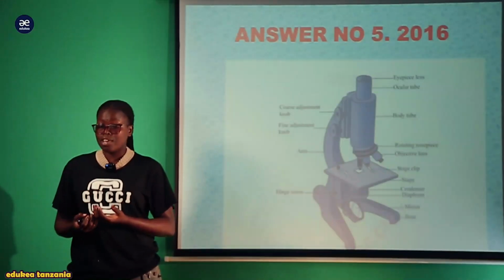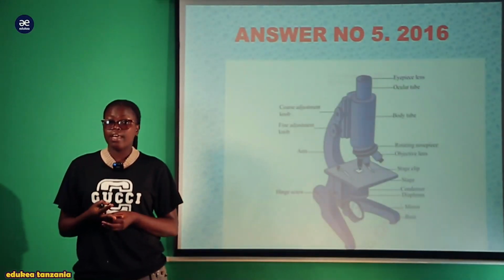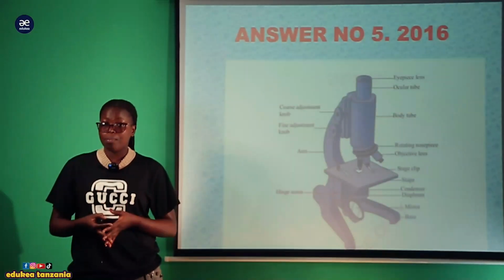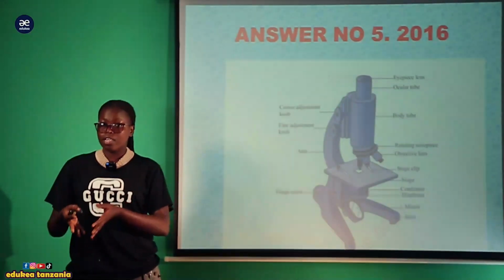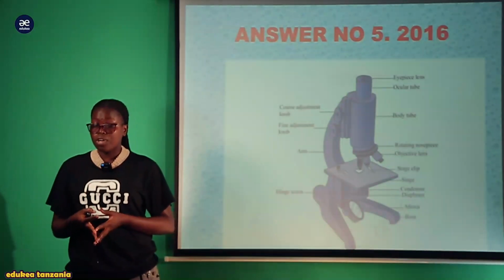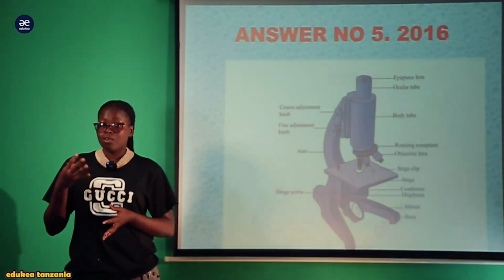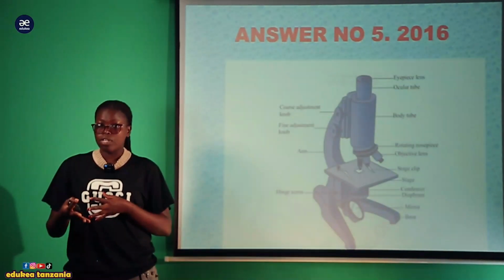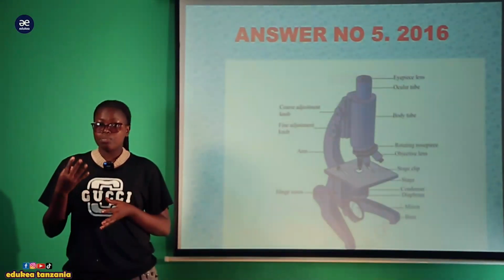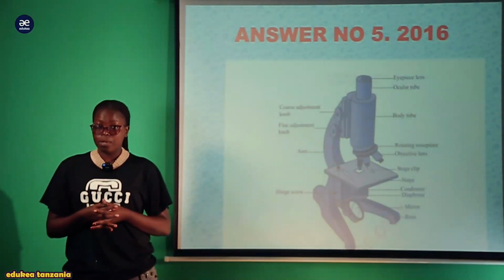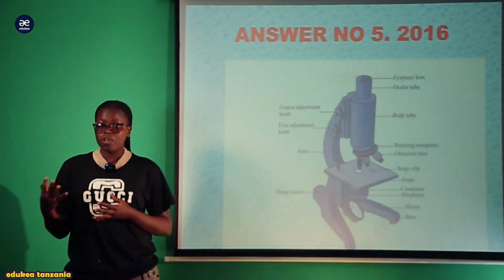Nimeweza kuzielezea in details in our topic of the biological laboratory. Nimeweza kuelezea the variety of the apparatuses, their uses, on how they look like, so that you can familiarize yourself, because you are performing the biological experiment, you are scientific. Kuna vile vile chemistry experiment, kuna baadhi ya apparatus ambazo ni common natumika katika biological experiment pamoja na katika chemistry experiment. So you have to be familiar with them.